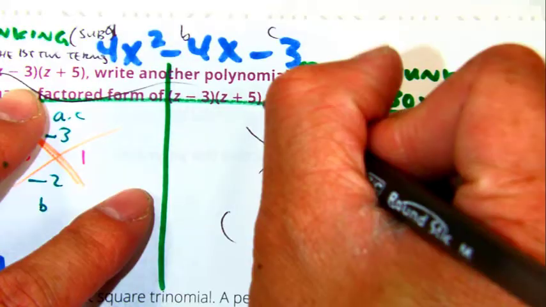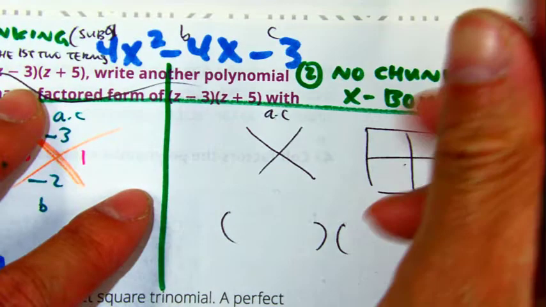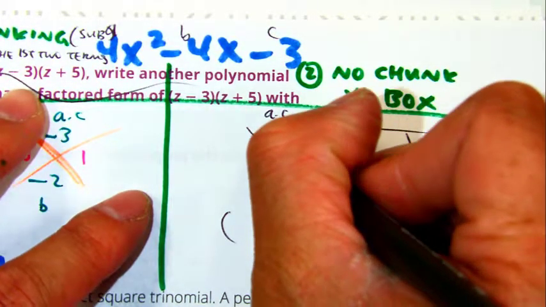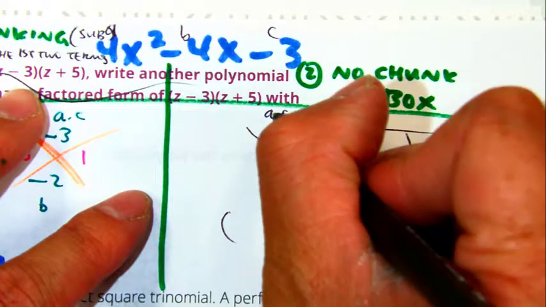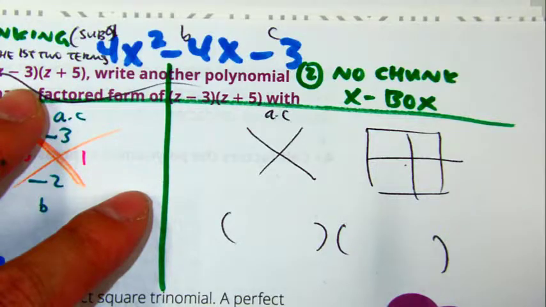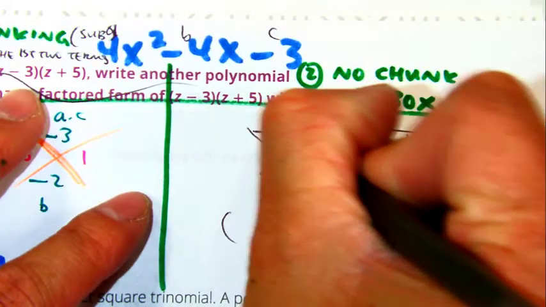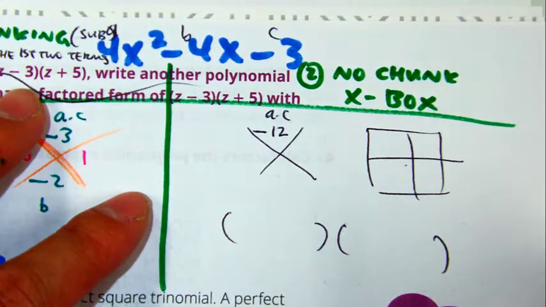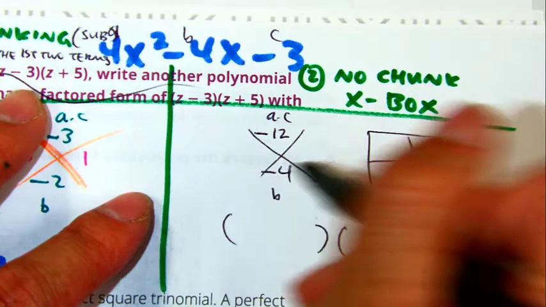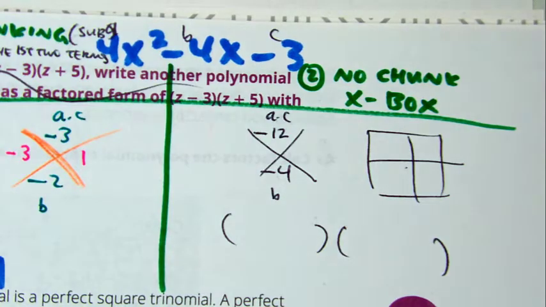So A times C. And what is 4 times negative 3? So you're doing A times C. Which is? Negative 12. And that's the P or B value? Negative 4. Partner A, tell partner B the two numbers you put in there.